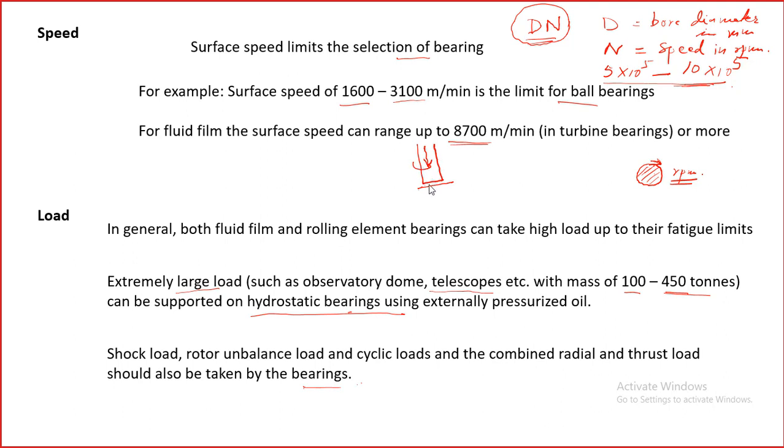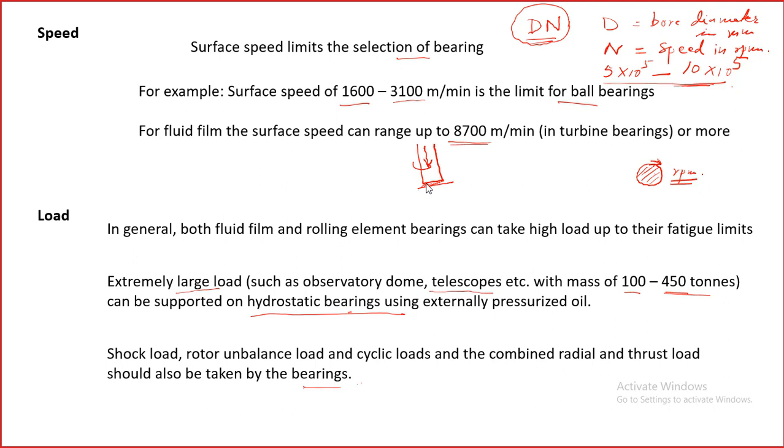Because of this rotation, again there will be hydrodynamic lubrication acting here. So here also there is some surface speed, because without this rotation you will not get the hydrodynamic action. Yes, so in thrust bearing also you need to have some surface speed.